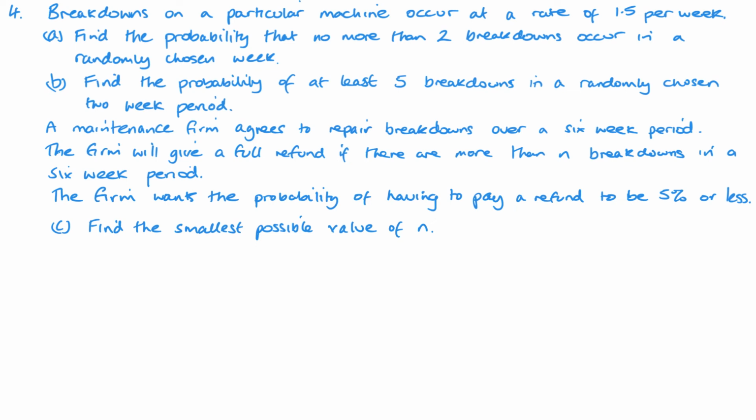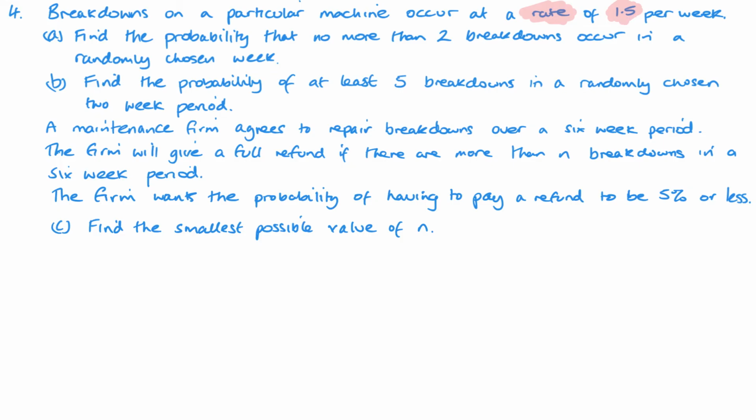Fourth and final question. So we've got breakdowns on a particular machine occur at a rate of 1.5 per week. So you can see here, rate. Therefore, we are looking at our Poisson distribution, where lambda is 1.5. I'll highlight the 1.5 as well.